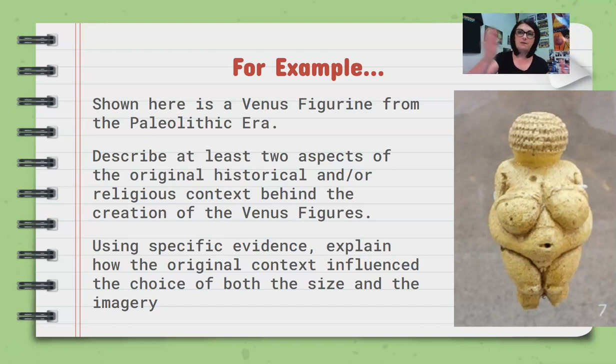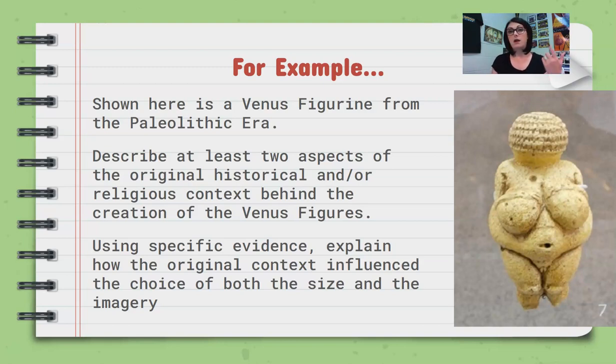So for example, this is one of the Venus figurines from prehistoric art, all right? So they'll tell you this is a Venus figurine from the Paleolithic era, all right? Describe 2 aspects of the historical and or religious context. So you can do either one, but still 2. So it could be 2 historical, 2 religious, or 1 historical, 1 religious context behind the creation of the Venus figurines, okay? So historical, right?